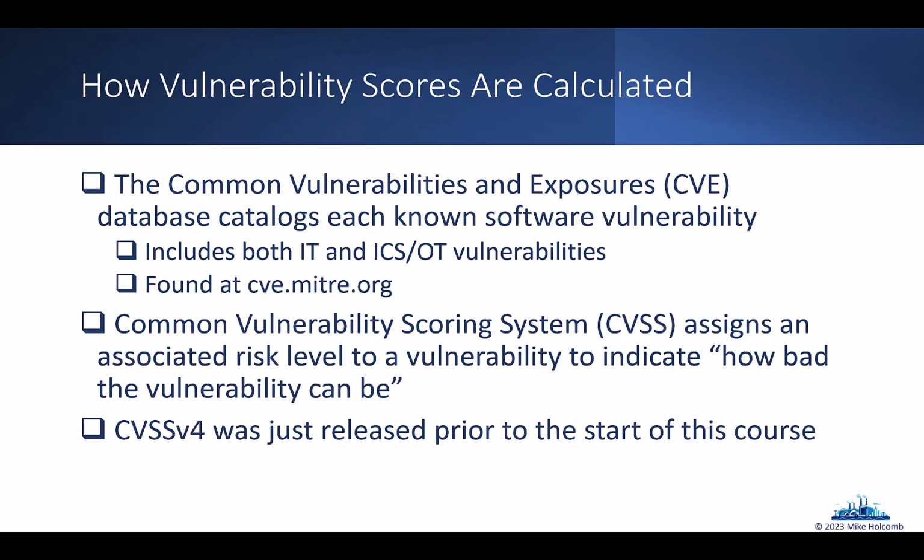Or is it maybe high risk, medium risk, low risk, or no risk at all? And they just went through, probably 9 months ago at the point of recording this, earlier in 2023, and released a new version of the CVSS system to determine how they come up with those numbers.